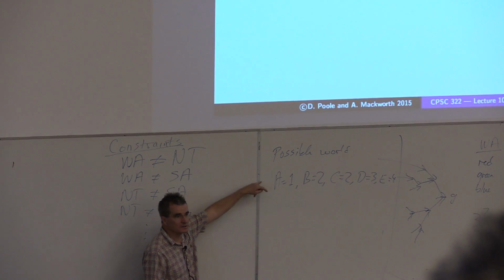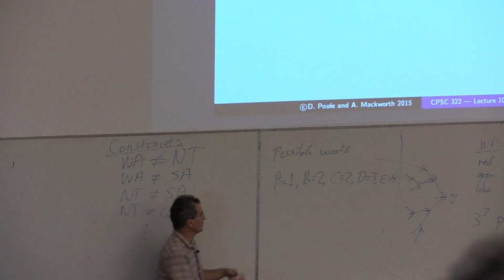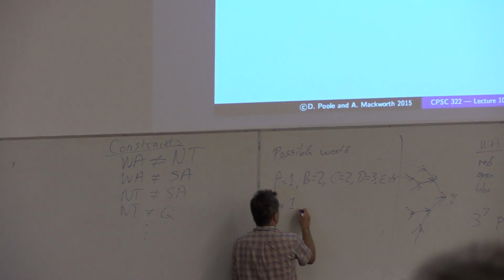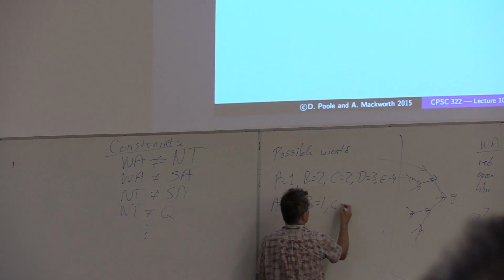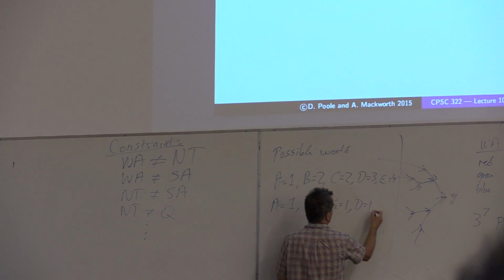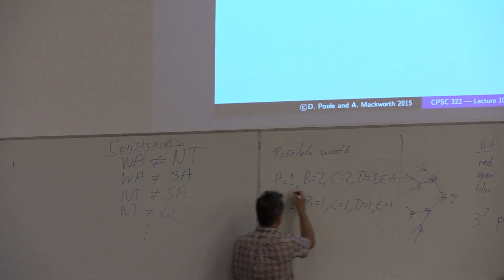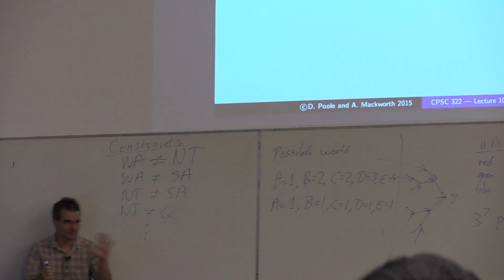Right, there's a possible world. It's an assignment of value to every variable. Or, A is 1, B is 1, C is 1, D is 1, and E is 1, right? Does that make sense? Any questions?